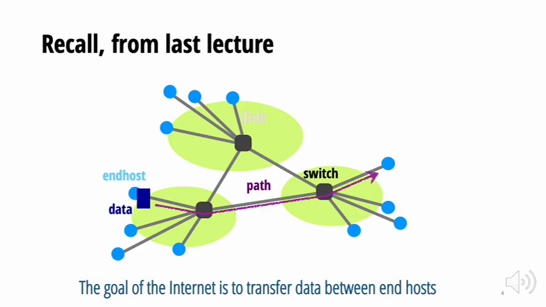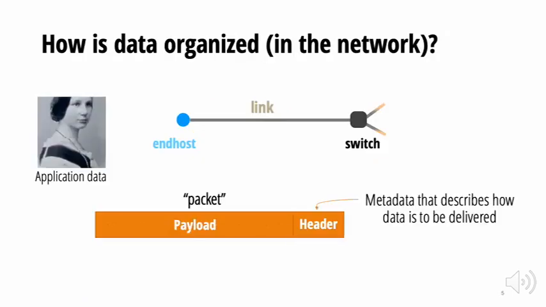Okay, so at the beginning for this lecture, we're actually going to ignore this entire big picture, and we're going to hone in on this one teeny tiny piece of it. We have an end host, it's connected by a link to a switch, and we want to transfer some data across this one link. Applications on the internet have data.